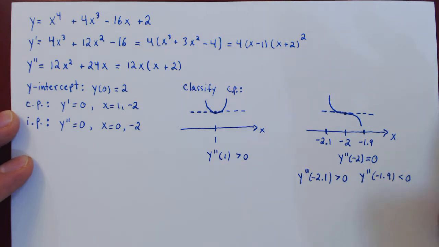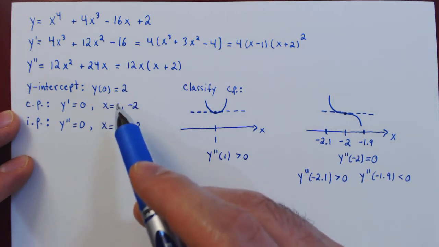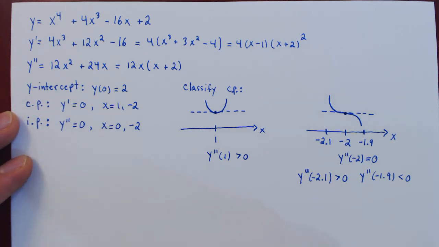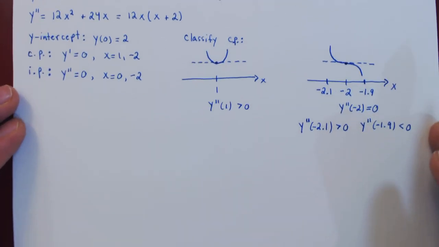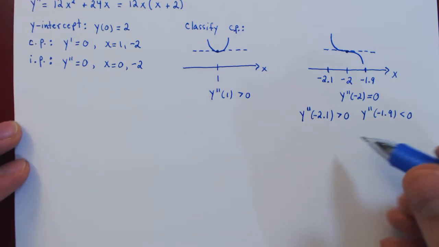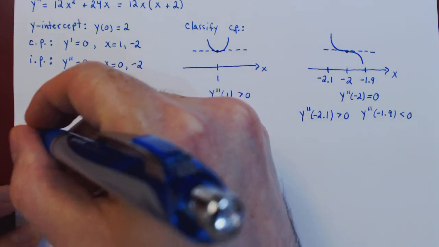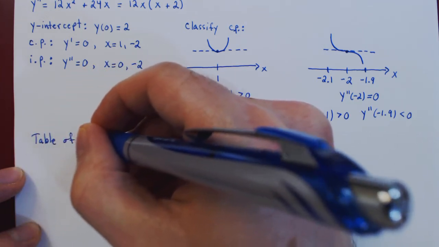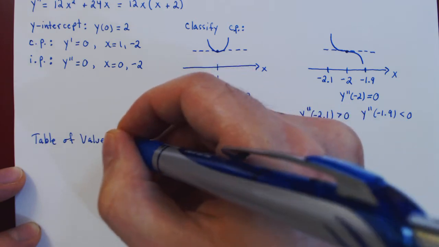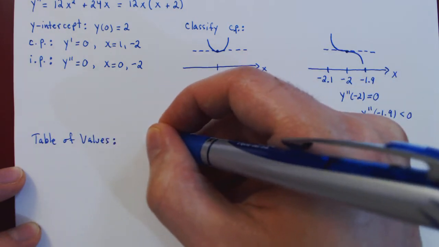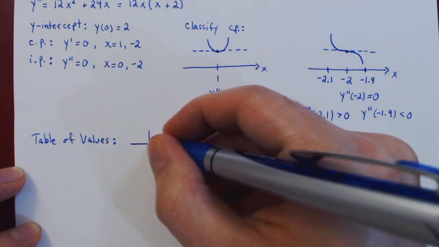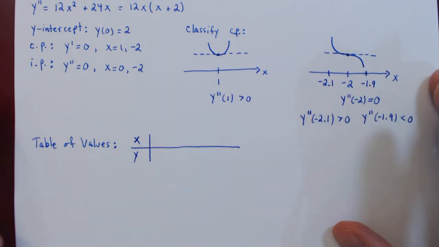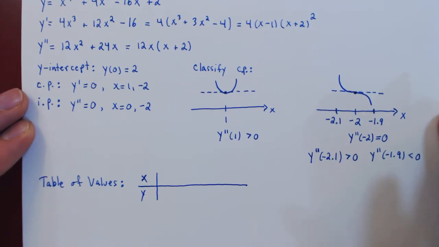So all that's left now is to find, for each interesting x value, the corresponding y value, so that we can then sketch the function accurately in the xy plane. So we construct our table of values. And there weren't that many interesting x values.